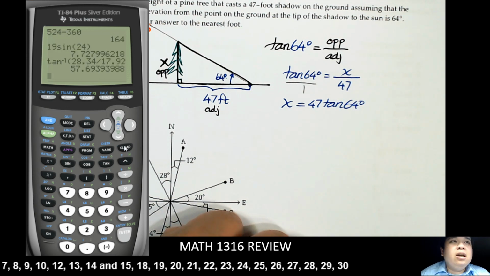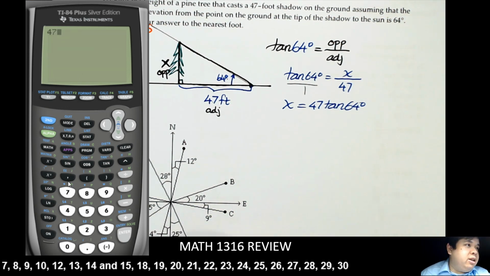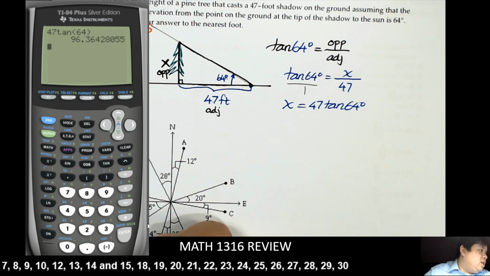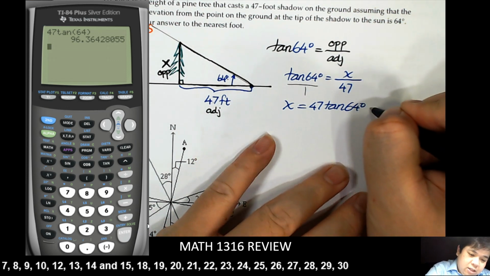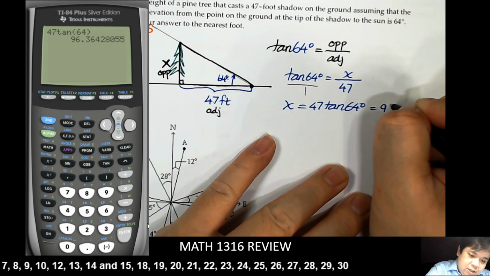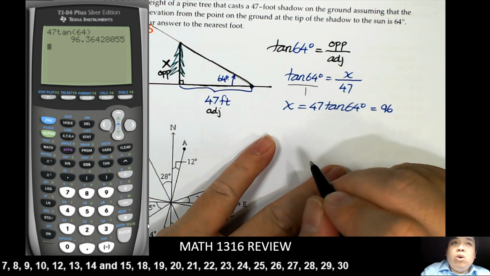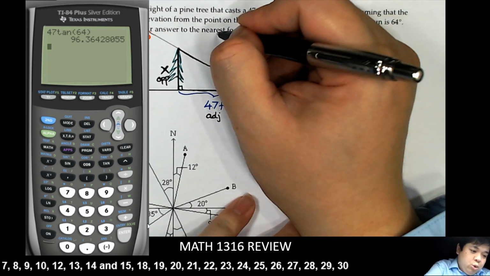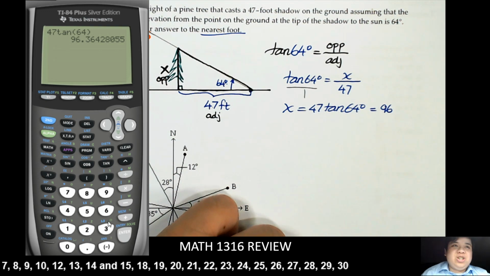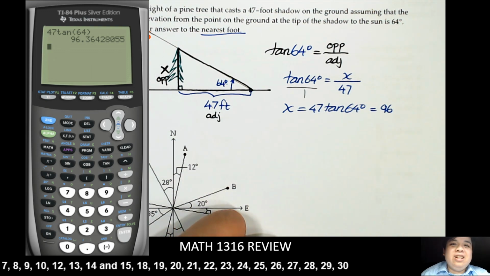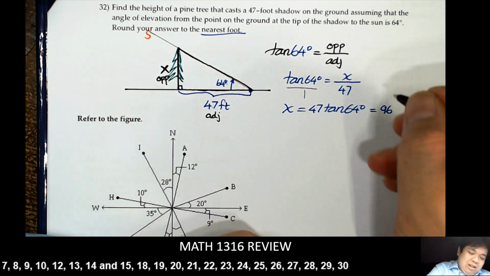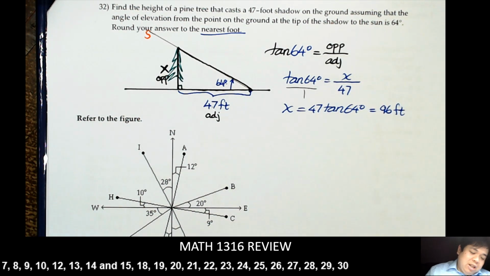Okay. 47 tangent of 64, 96.36. The reason we only take two, they want the nearest foot, so that's out of the question. So that's 96 feet long, 96 feet.